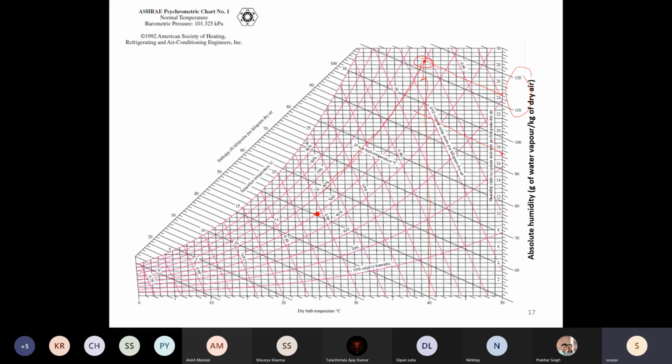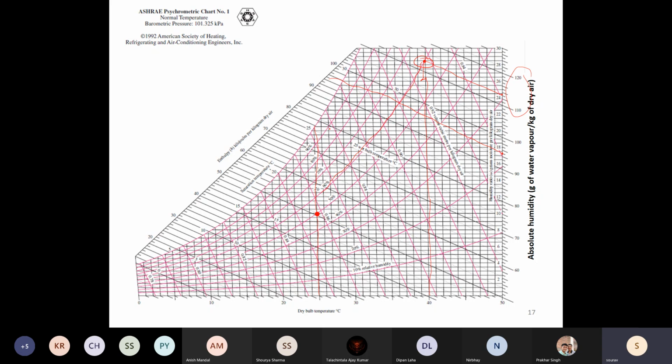This is your isenthalpic line, and this is your 25 degree line. You will not get an intersection. Were you getting an intersection? Exactly.